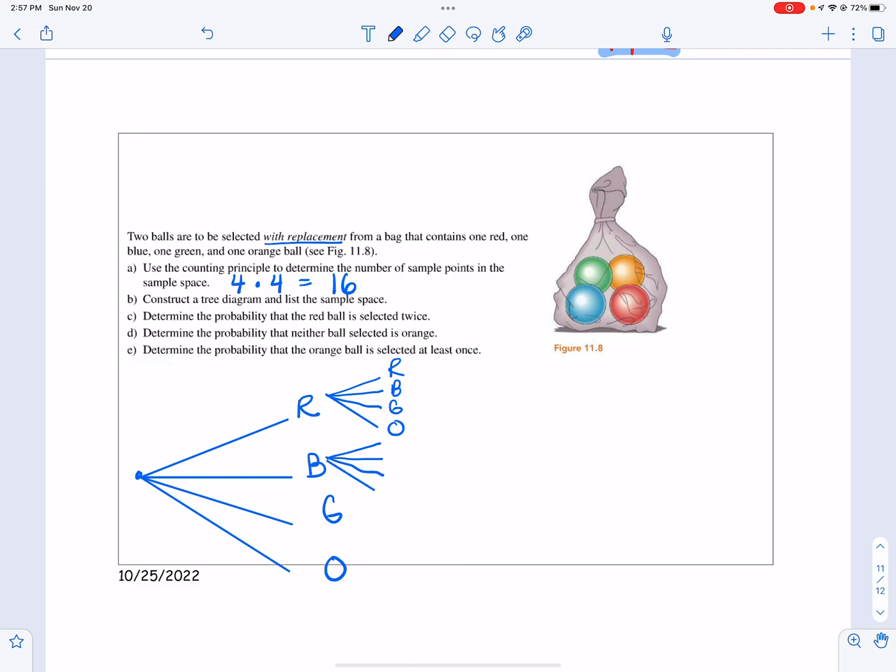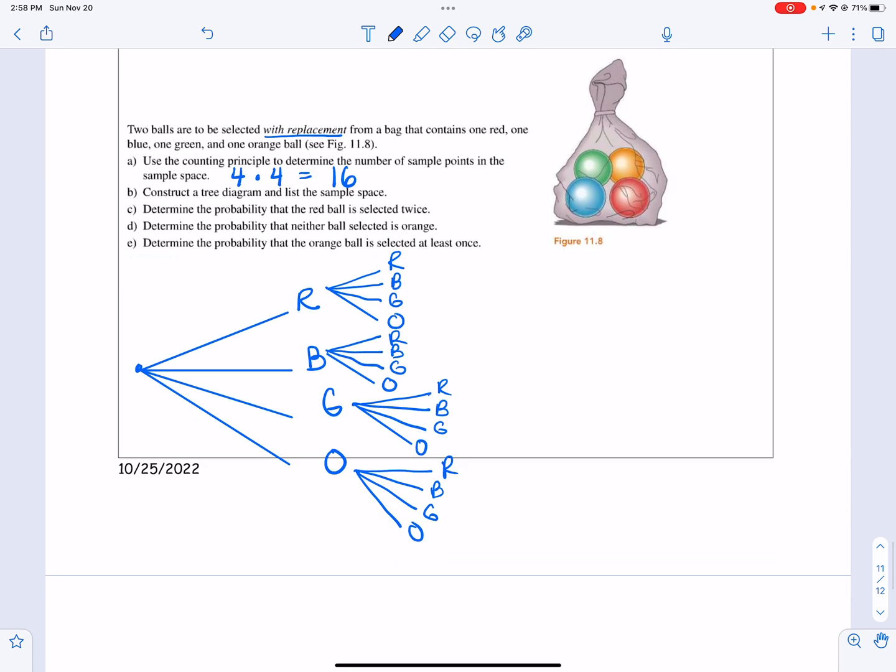And it's hard to make a diagram when you're so cramped in here, so that's why I'm going to have to come out here a little bit. Red, blue, green, and orange. And then last but not least, we have this one: red, blue, green, and orange.